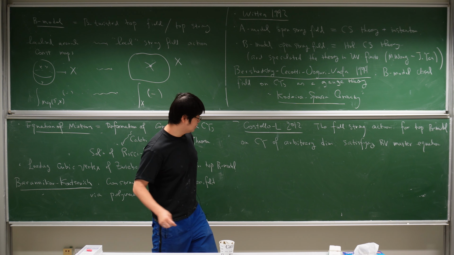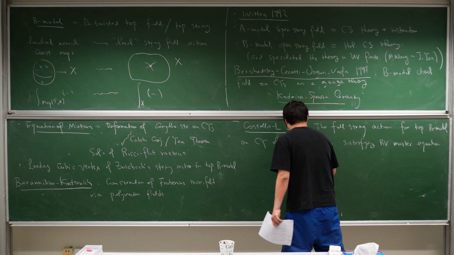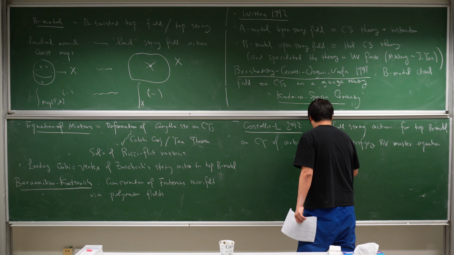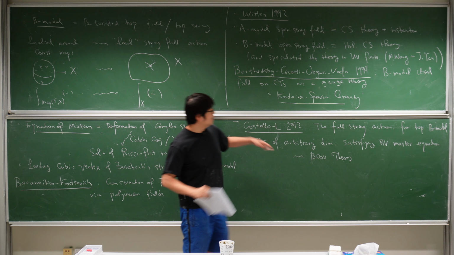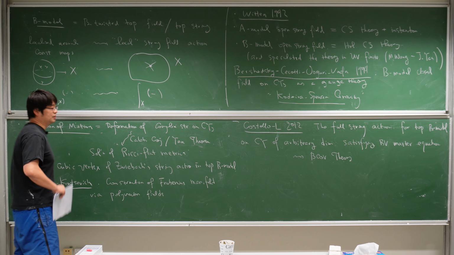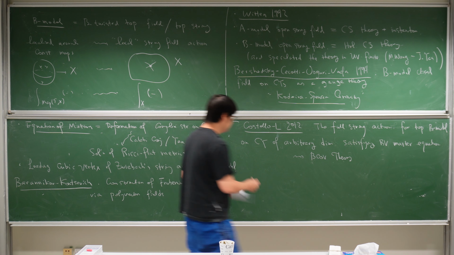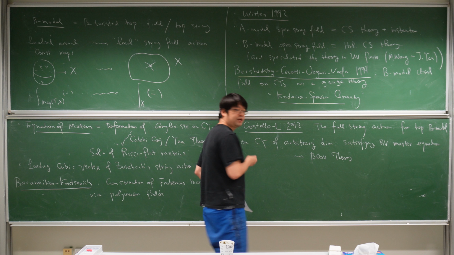And we just call this BCOV theory. This can be viewed as a generalized Kodaira-Spencer gravity. And so it can also incorporate open strings.